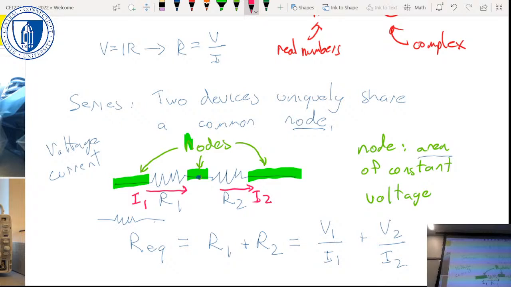Now, one of the fundamental laws that we need to understand in this course actually captures that idea.